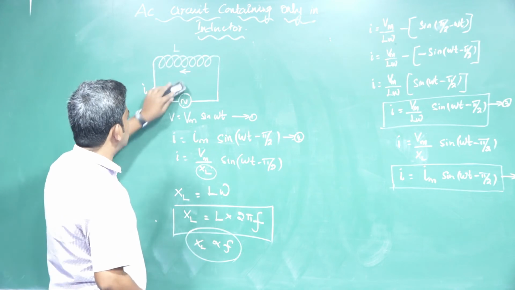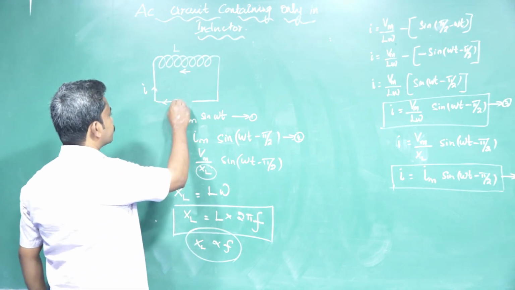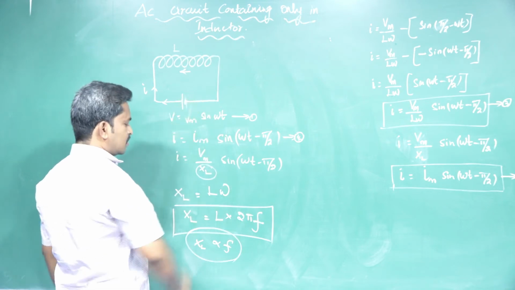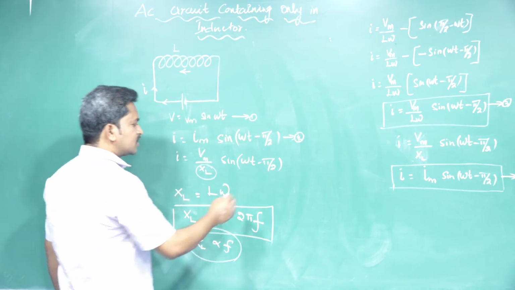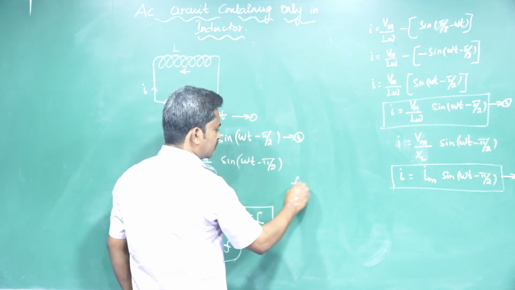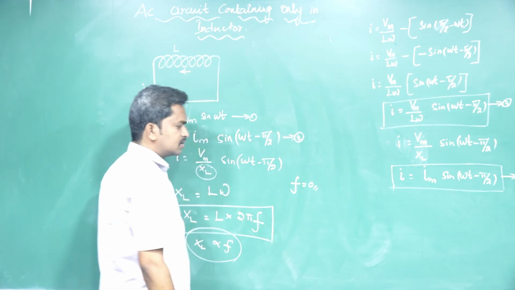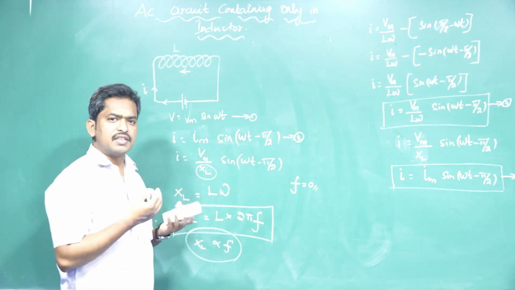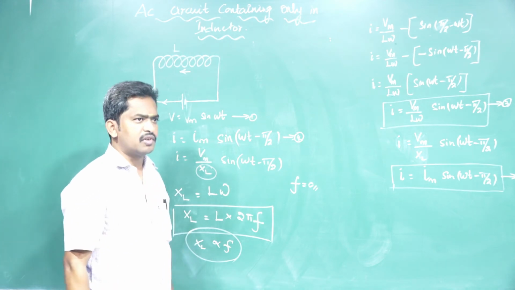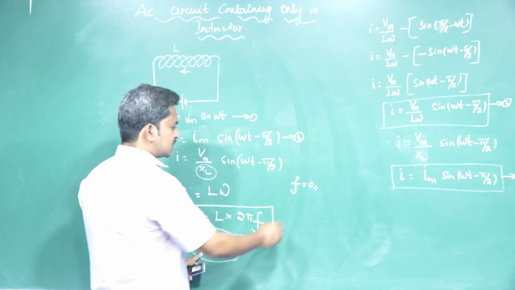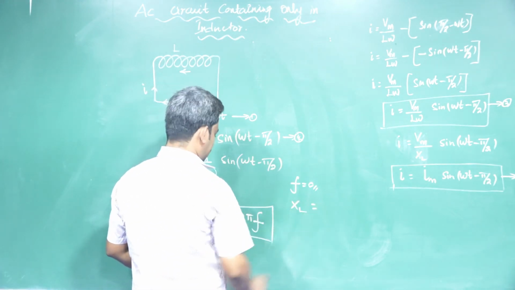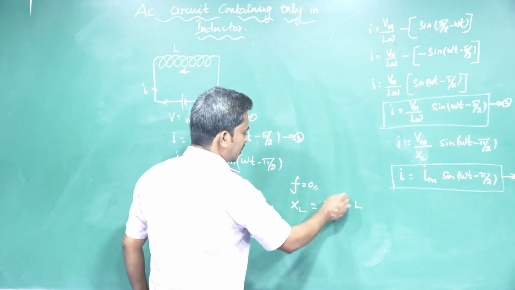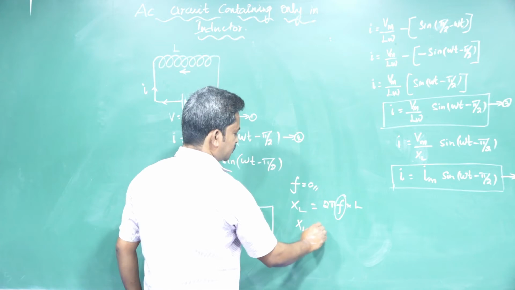What happens when connected with a DC circuit? In a DC circuit the frequency is 0, so there is no change in flux, so there is no induced EMF. So the reactance is 0. XL is equal to 2 pi f into L, so f is 0, so XL is also 0.